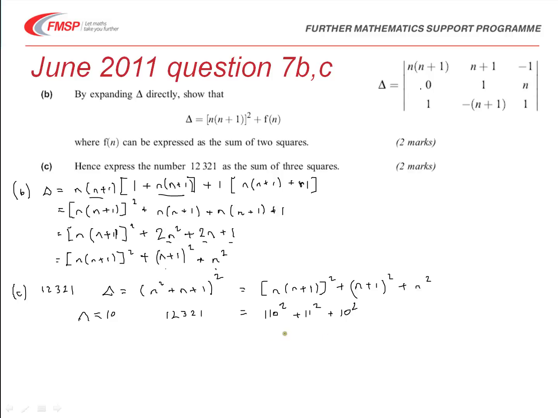So there is the result by combining parts A and B together.